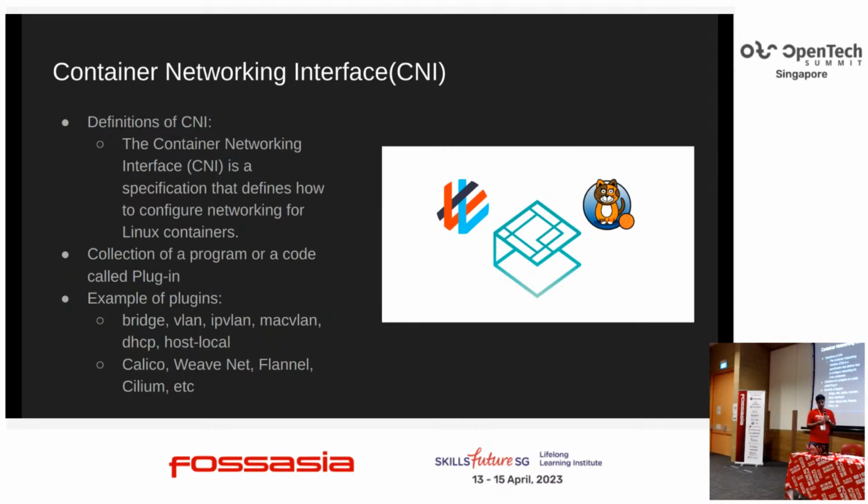Then we have WeaveNet, which provides network automation and observability features. And then we have Cilium, which is based on identity-based access solutions. These are all open source CNI plugins, and since they are not maintained or developed by CNCF itself, they are third party.